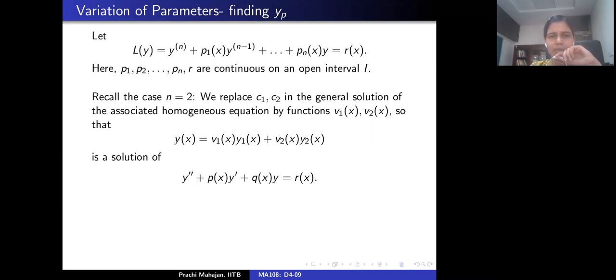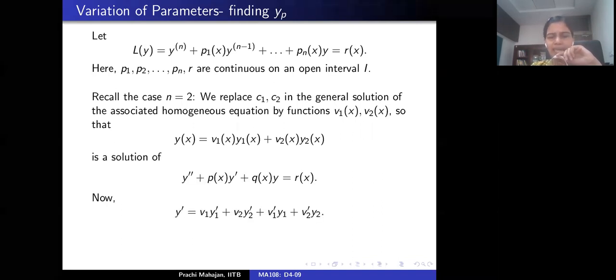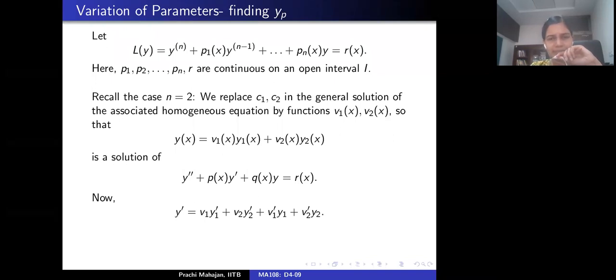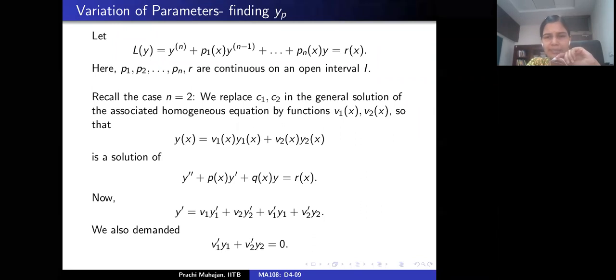And we also imposed a condition. What is the other condition that we imposed? The other condition was that the derivative of v1 times y1 plus the derivative of v2 times y2 is 0, right? So with these two conditions, we were able to solve for the derivative of v1 and the derivative of v2, and then integrate and solve. Correct? Is that okay?